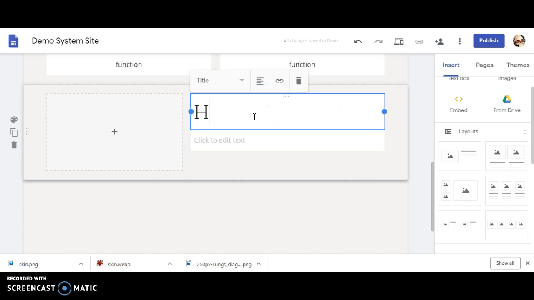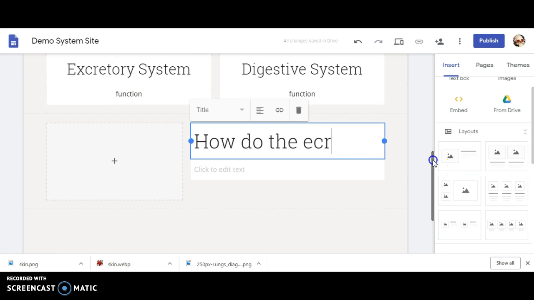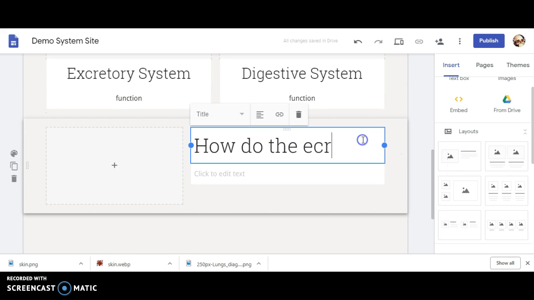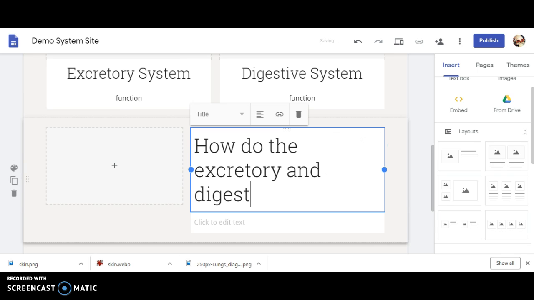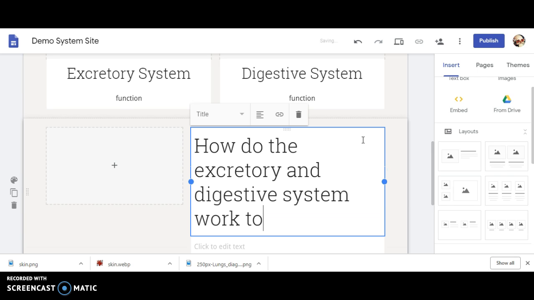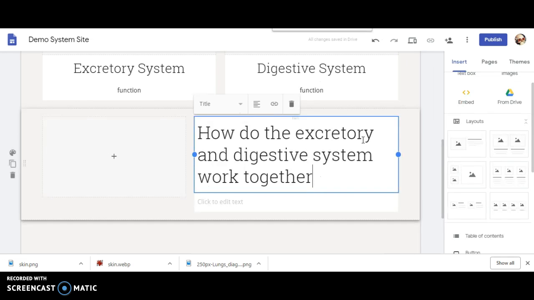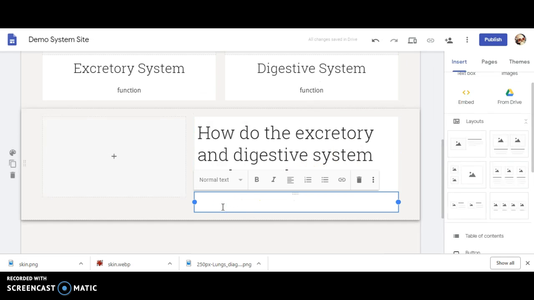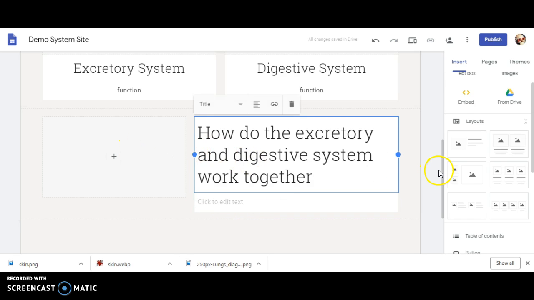And I can add a brief description: how do the excretory and digestive systems work together. And I'm a little bit big here. And then down here in this box, I can actually explain how the two systems work together.